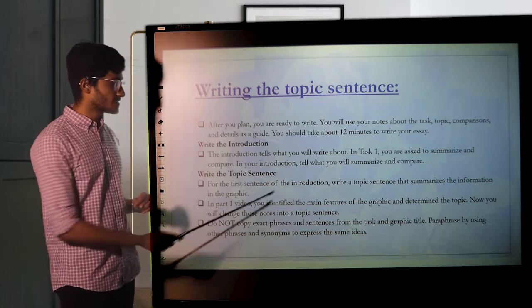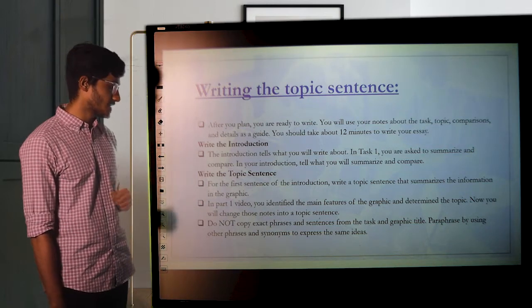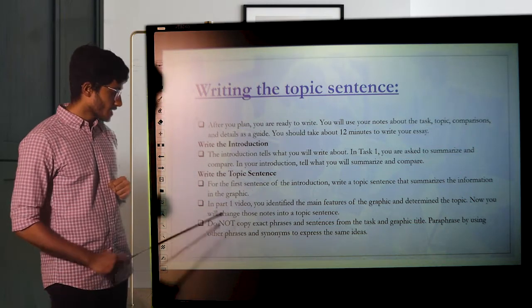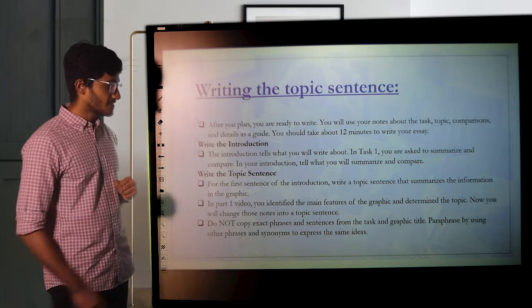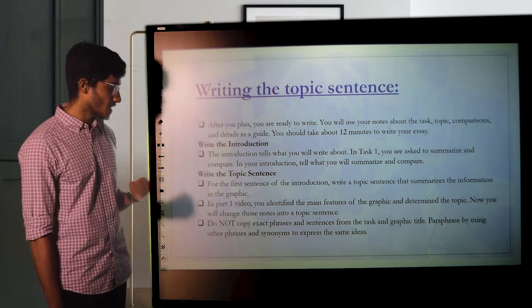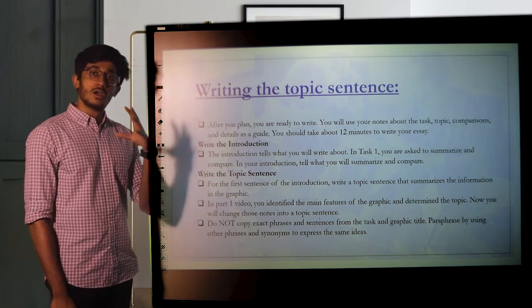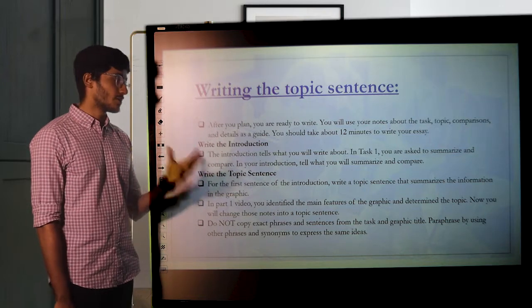The introduction starts with the topic sentence. For the first sentence of the introduction, write a topic sentence that summarizes the information in the graph. In the part 1 video, you identified the main features of the graphic and determined the topic. Now you will change those notes into a topic sentence. Remember the things that you jotted down in the part 1 video.